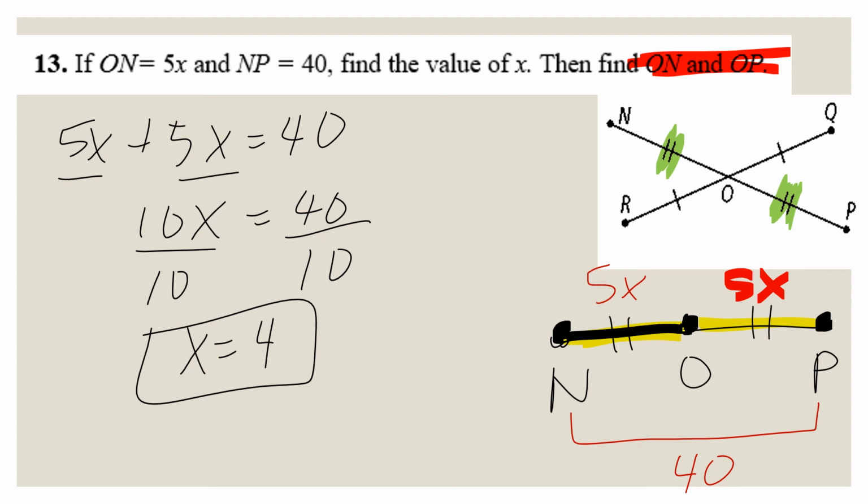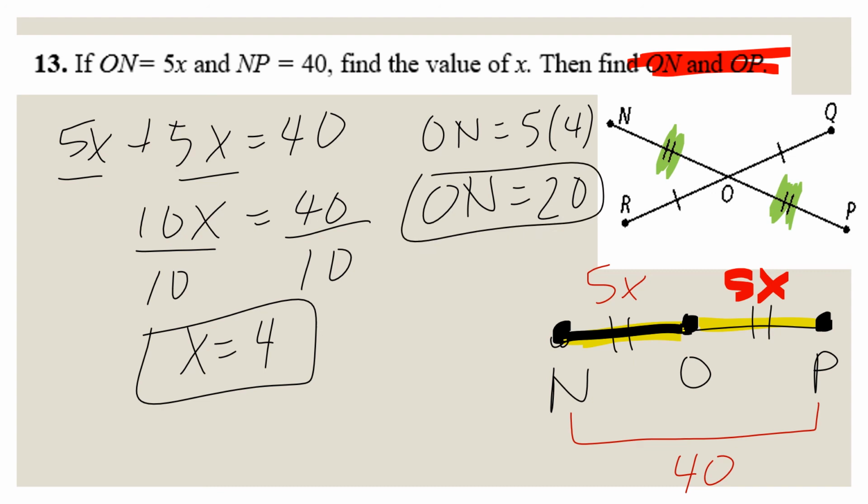You could either take the easy route and say 40 divided by 2, because we know that both line segments have to have the same measure, or we can plug it in and say ON equals 5 times 4, so ON equals 20, and then we know that ON equals OP, so OP is also equal to 20.